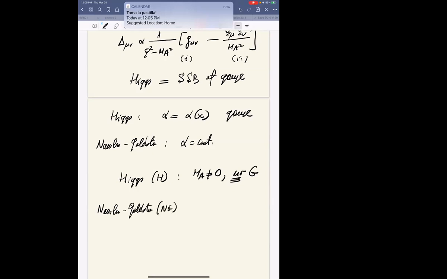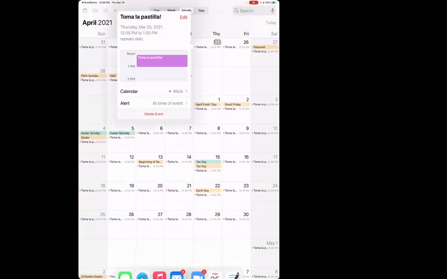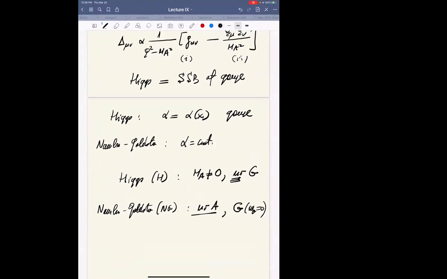And G. No A. But G is there with m_G equals 0. This is very important to keep, this is essential to understand.